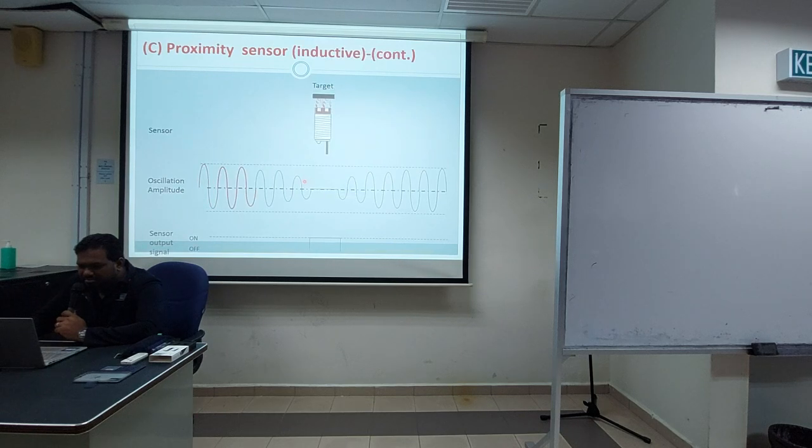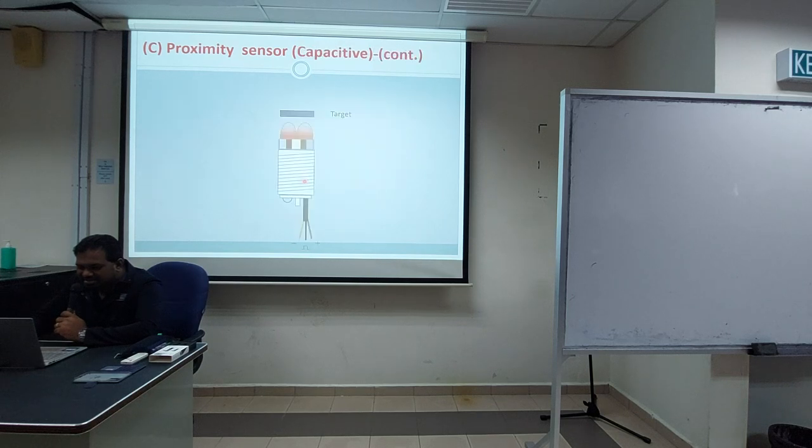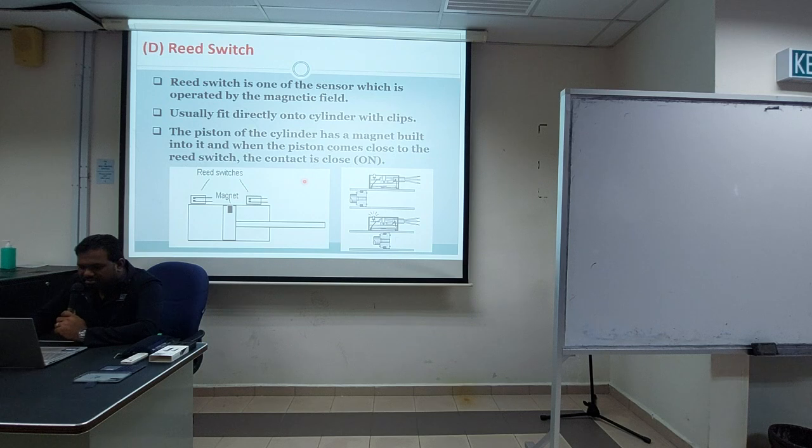Last week we saw all these proximity sensors, types of sensors. We stopped at the reed switch. A reed switch is a magnetic switch that will be used in electro-pneumatics.